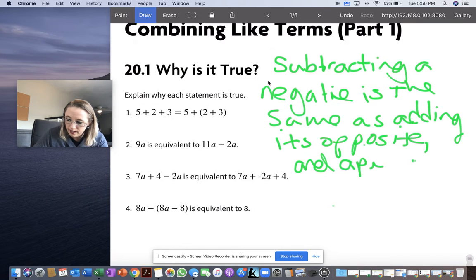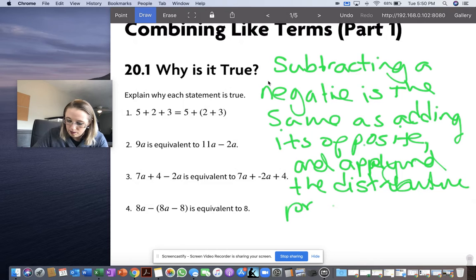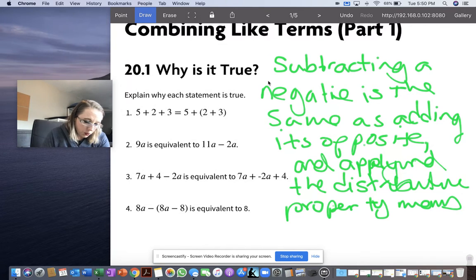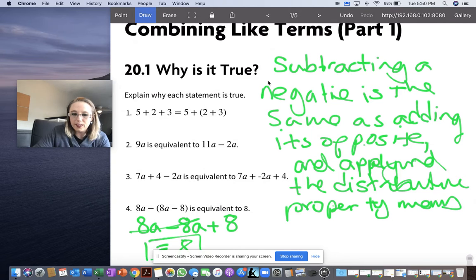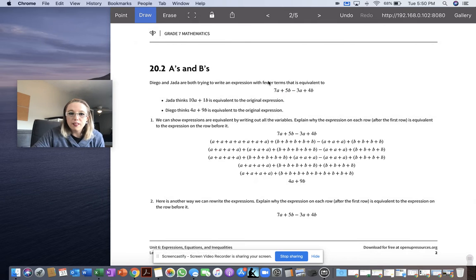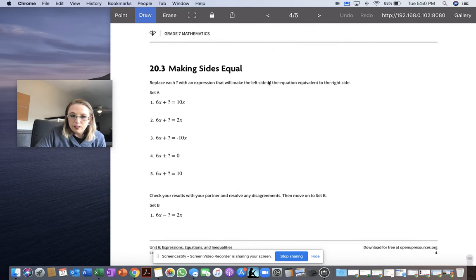And applying the distributive property means that this is actually saying 8a minus 8a plus 8, and that all gets you to 8, because those are going to cancel, and that's your answer. Okay? So moving right along, we are going to skip this one, so we don't have to look at that.